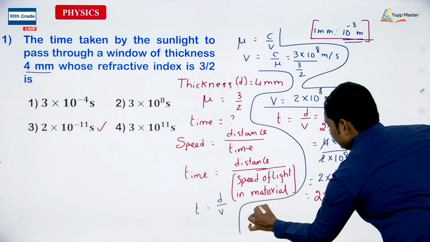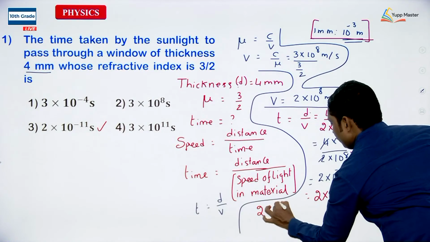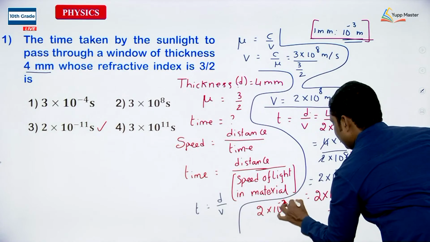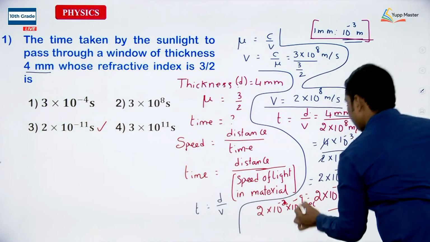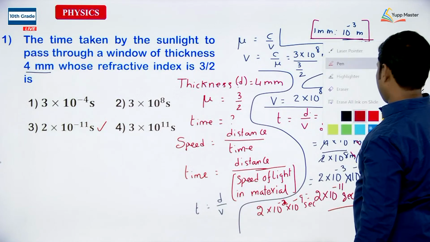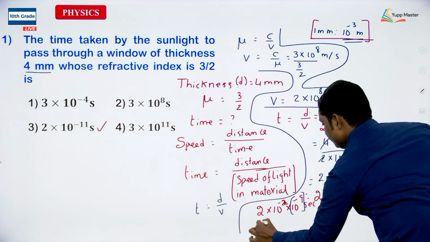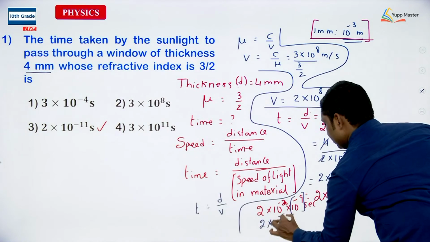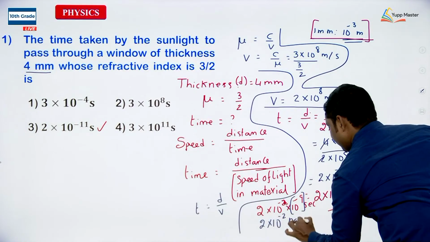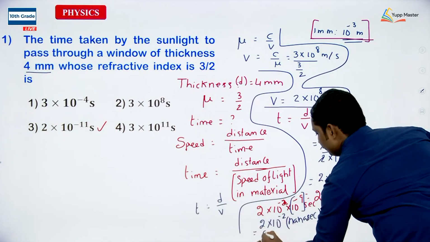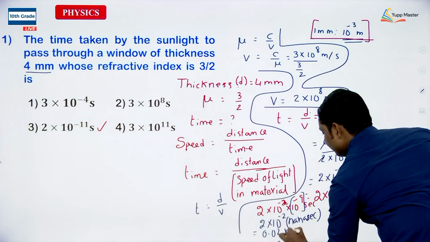That is 2 into 10 to the power of minus 2 into 10 to the power of minus 9 seconds. So you can write 2 into 10 to the power of minus 2 nanoseconds, otherwise 0.02 nanoseconds.